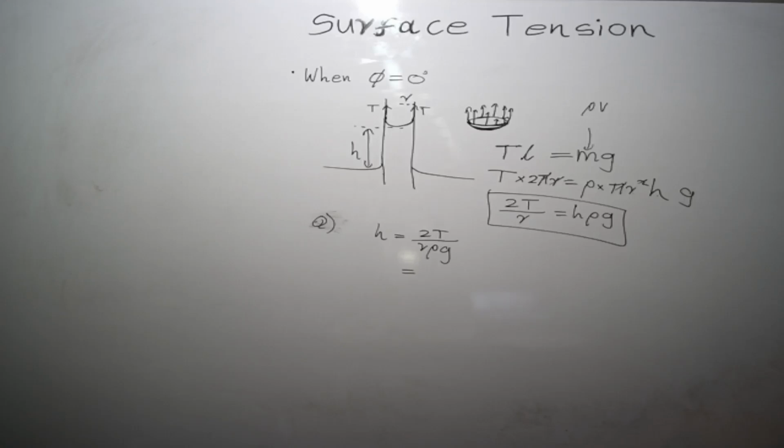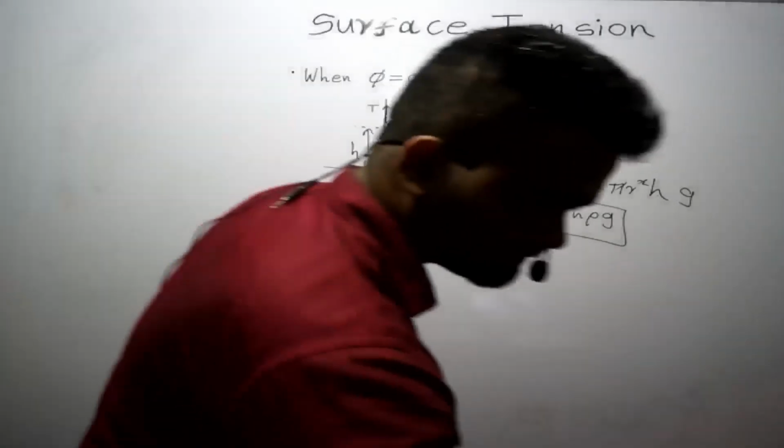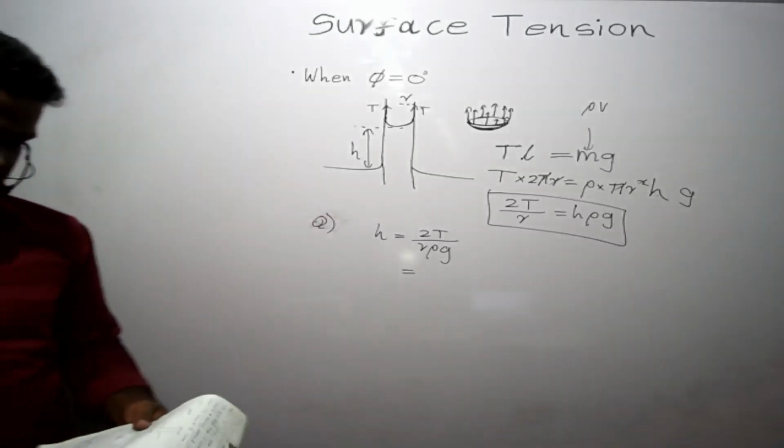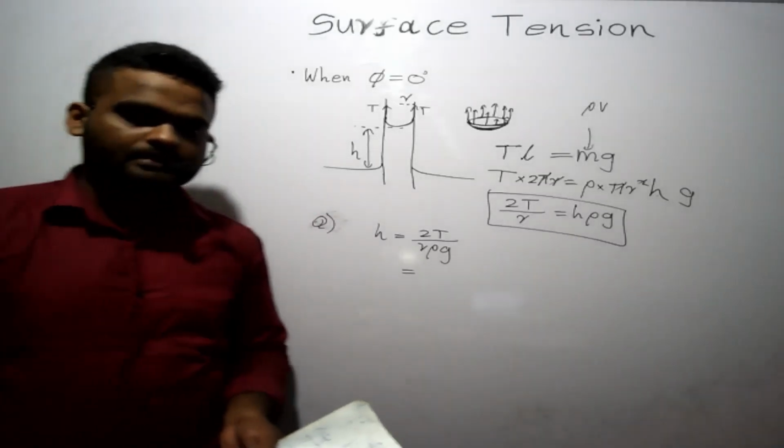For water and glass, that is 7.2 times 10 to the power minus 2, right? You can easily calculate that.